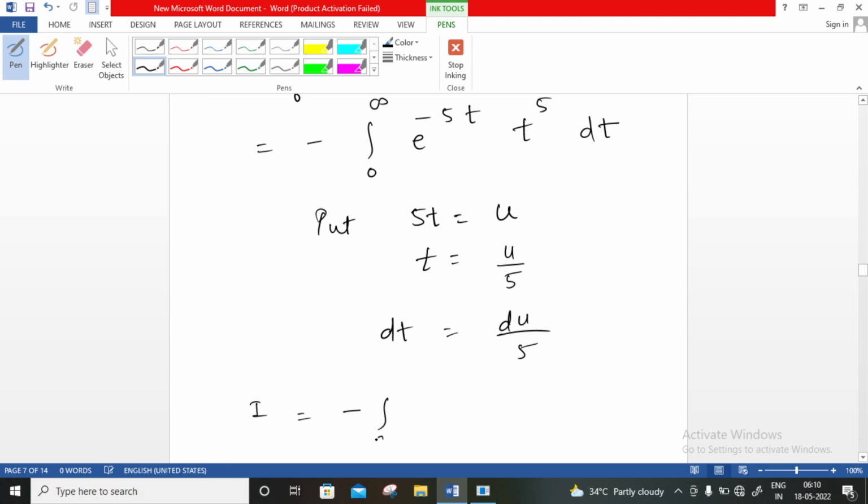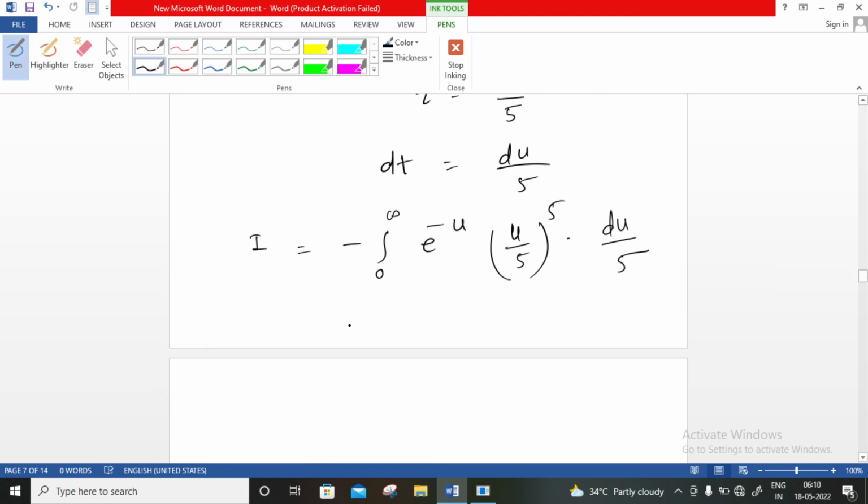I directly write 0 to infinity e^(-u) into t^5, and t^5 is (u/5)^5 into du upon 5. So 1 upon 5^5 into 1 by 5 is the same as 1 upon 5^6, integral 0 to infinity e^(-u) u^5 du.